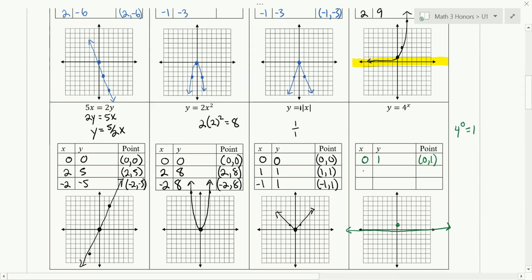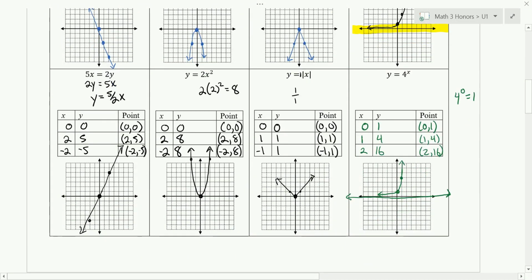And then you're just going to want to pick things to the right, otherwise you won't get integers. If you pick a 1, you get 4. You pick a 2, you get 16, off the chart. So I'm just going to graph the 1, 4. So something like this. Okay.